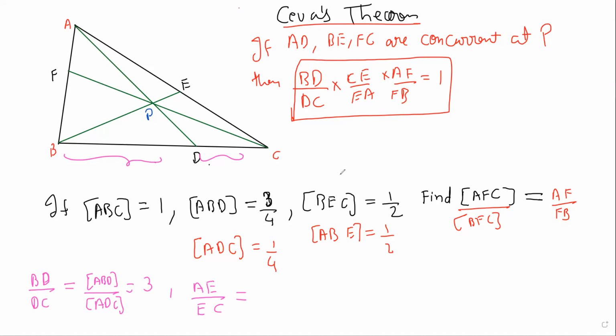Pragadish, do you see that? It's just 1:1, because this AE by EC is just the area of ABE by BEC. Again, when you're talking about this ratio, you look at the corresponding triangles, ABE and BEC, because P is the common height. Okay, so this is going to be 1.